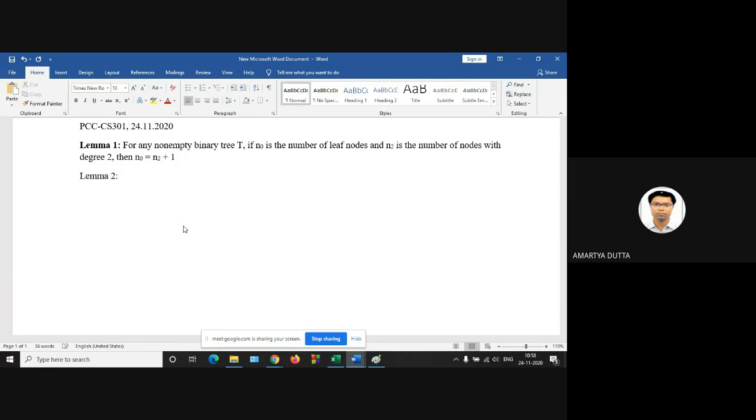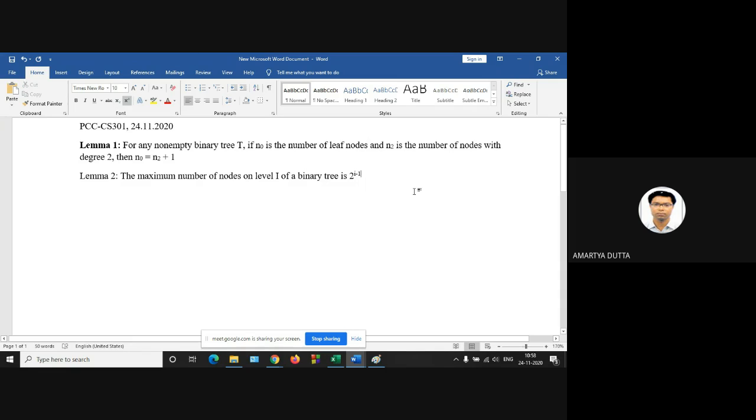Lemma 2: the maximum number of nodes on level i of a binary tree is 2 to the power i minus 1.